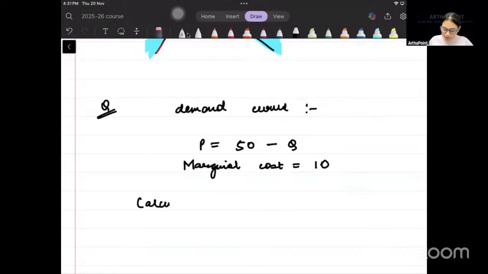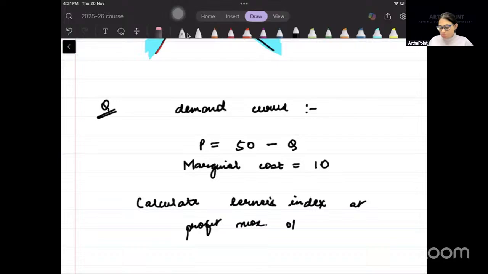Calculate Lerner's index at profit maximizing output.